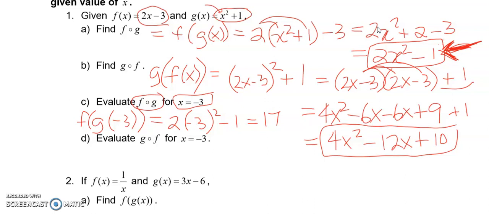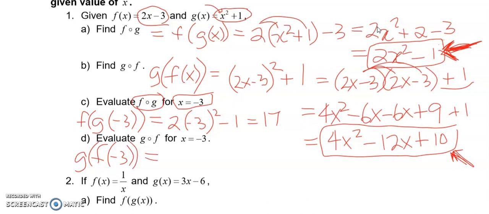And the last part, g of f for x equals negative 3, well, that means you plug it into the second composite function that you worked out. All right, so in this case, you would end up with g of, I like to write it like this. You don't have to, but I just find that it makes more sense what I'm doing here.